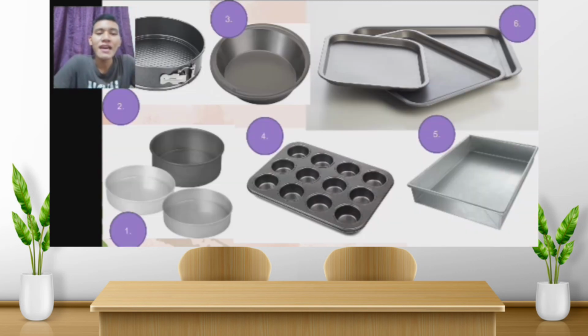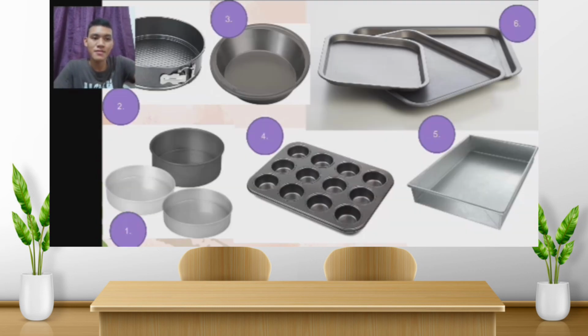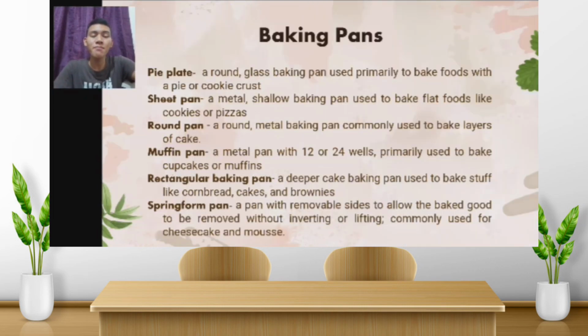Okay, so I have here an image of those pans, no? So this is how they look, class. Number one, of course, that is a round pan. Number two, that is a spring form pan. Number three is a pie plate. Number four, that is a muffin pan.